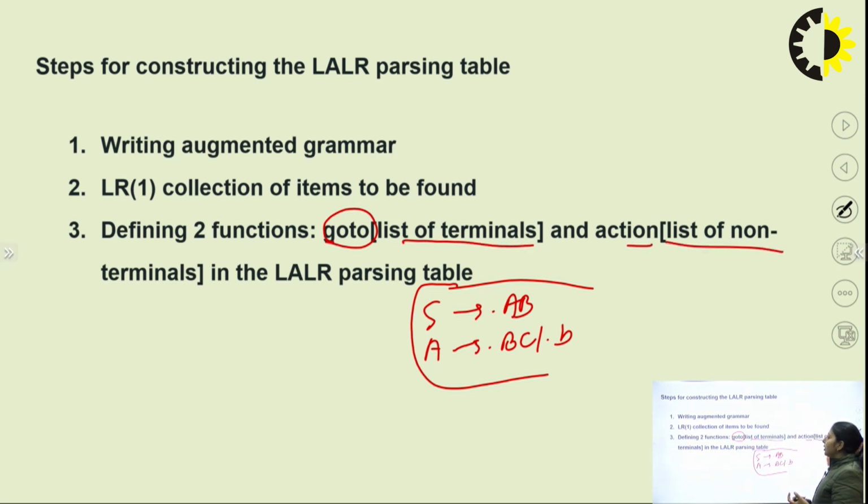Goto contains all the non-terminal symbols that are present in the particular grammar, and action is performed on the terminal symbols. So after finding the gotos and actions, we can construct an LALR parsing table.